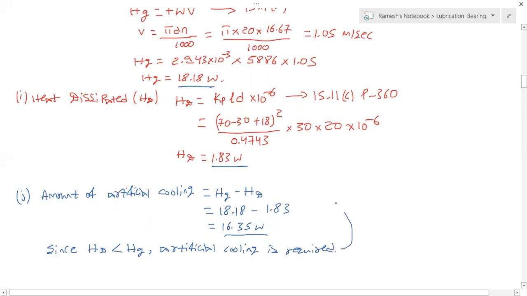Actually, this statement has to be written above this, when you say that artificial cooling is required and you need to find out how much is required. This is how you need to design the journal bearing when the diameter is not given.